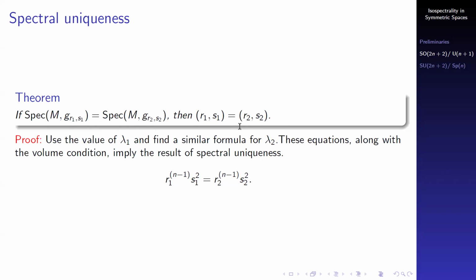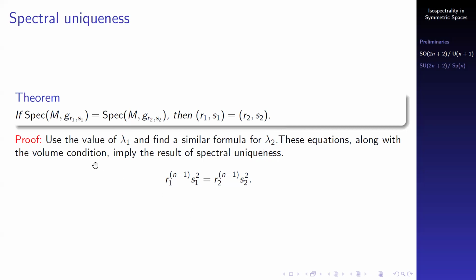And we prove that using the value that we just computed. We found lambda 1, we used lambda 1, and we find a similar formula for lambda 2. It's a long formula, because we need to consider cases depending on where the first eigenvalue is achieved. So we use the first formula and the second formula, and these equations along with the volume condition imply the result of spectral uniqueness.